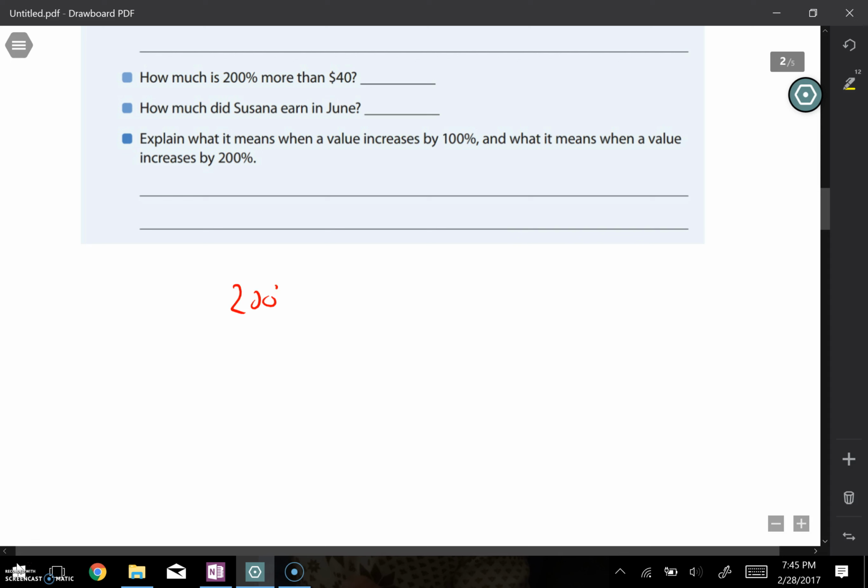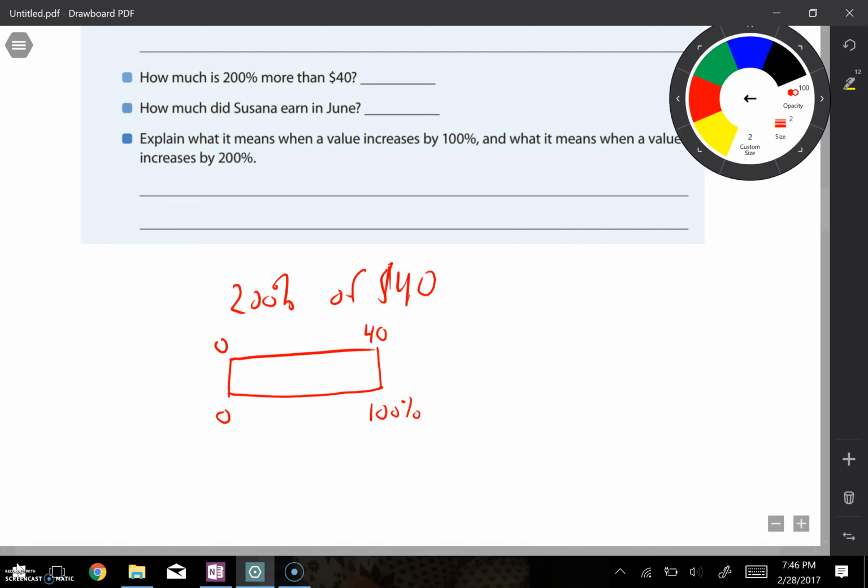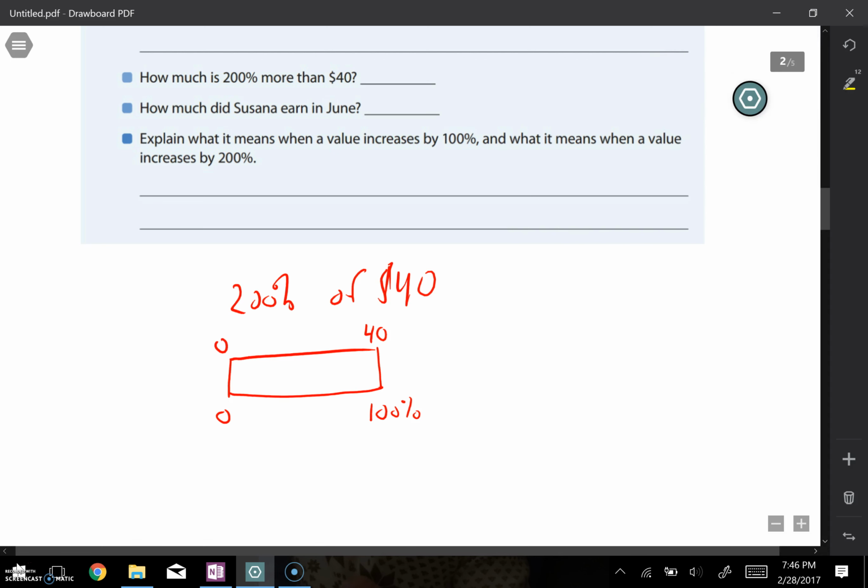So 200% of $40. So here's my model again. $0, $40. 0%, 100%. So let's just say that she increased her earnings by 100%.